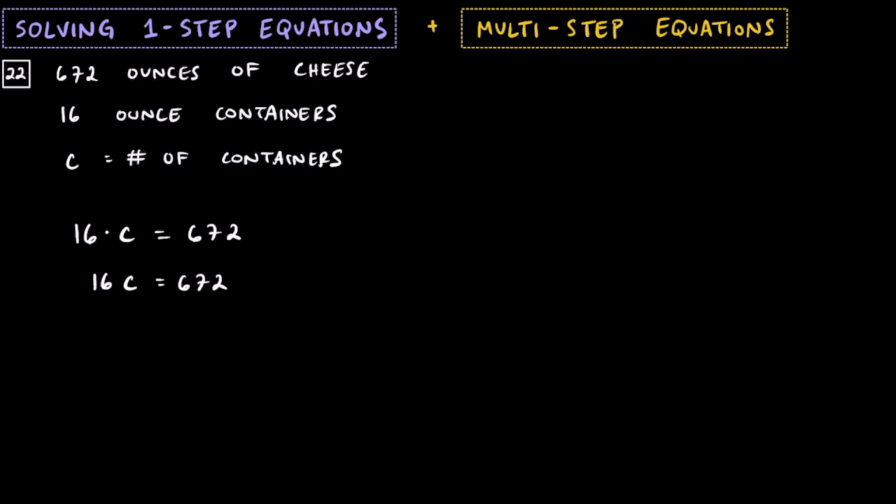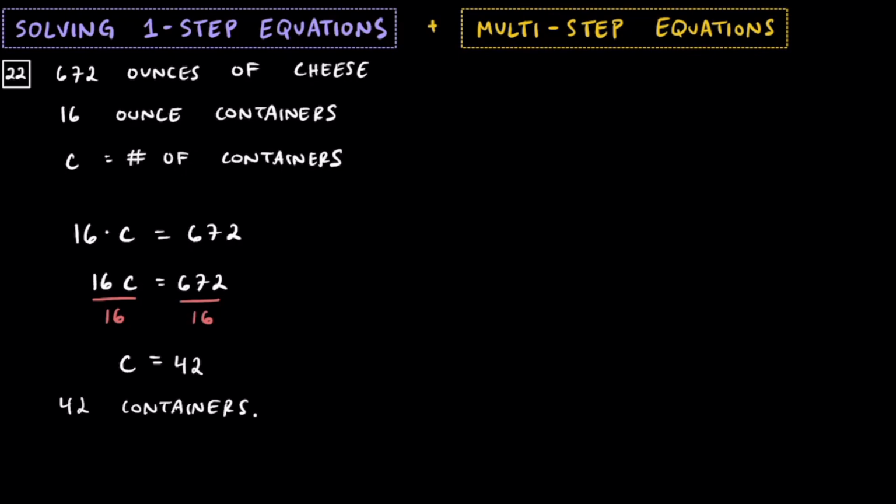Okay, and to solve this, what do we do? Well, we want one container, so we should divide all of that cheese into 16 containers, so we just know what one container, or 1C, is equal to. And so 672 ounces of cheese split into all of these containers is going to be 42 containers. Okay, so we should say there are 42 containers.